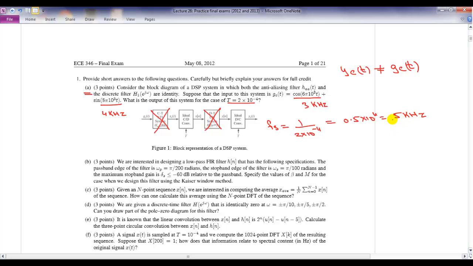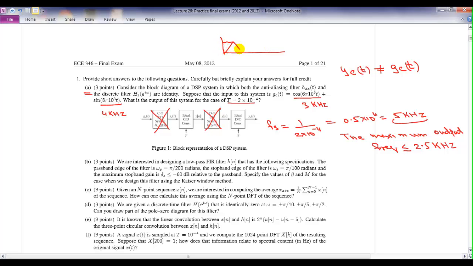Because if you have a 5 kilohertz sampling frequency, the maximum output frequency has to be less than or equal to 2.5 kilohertz. So if you remember your aliasing chart, which we have done, which looks like this, you recover the same thing as your input, then you go down, then you go up, go down, and so forth, right? This is your Fs over 2, this is your Fs. So both of your frequencies lie in this region, and based upon that, you can figure out what your output frequency will be.